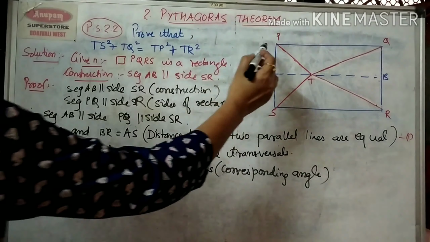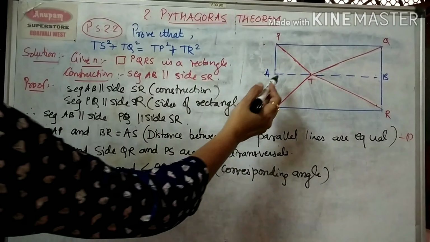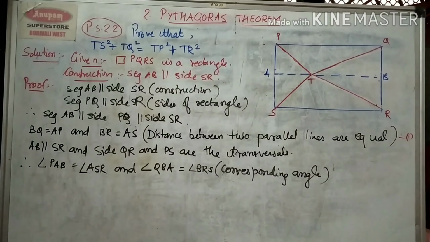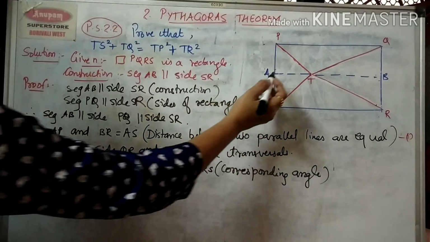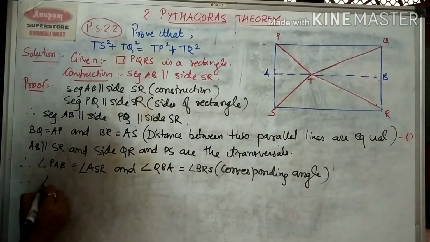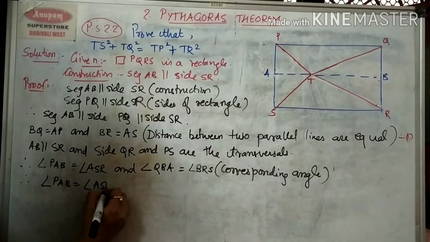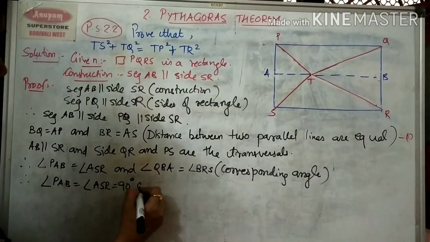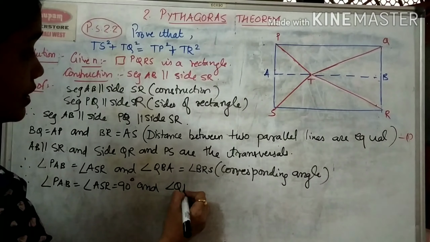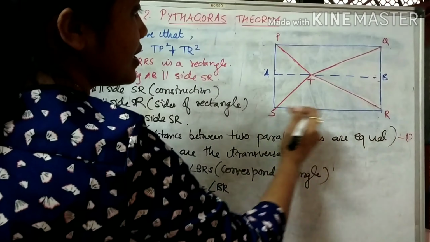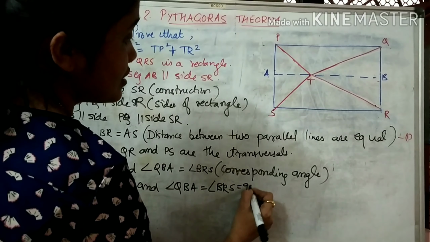But PAB we don't know, but I know ASR. Yes, ASR is 90 degrees since it is the angle of a rectangle. So automatically PAB will also become 90 degrees. So I'll say PAB is equal to ASR is equal to 90 degrees and QBA will be equal to BRS. But BRS is an angle of a rectangle and it is 90 degrees.